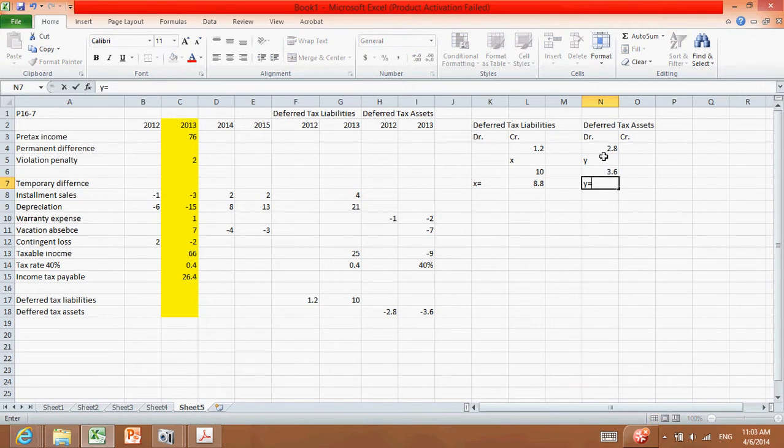Okay. I realized that this 1.2 is 2.8 for the liabilities. Sorry. And 1.2 for the assets.